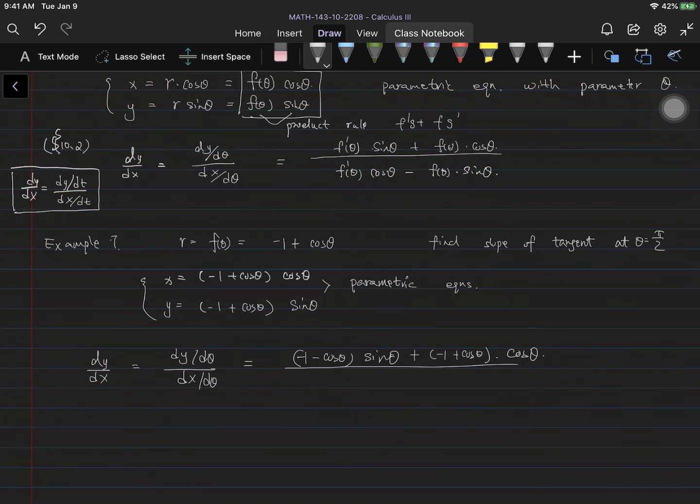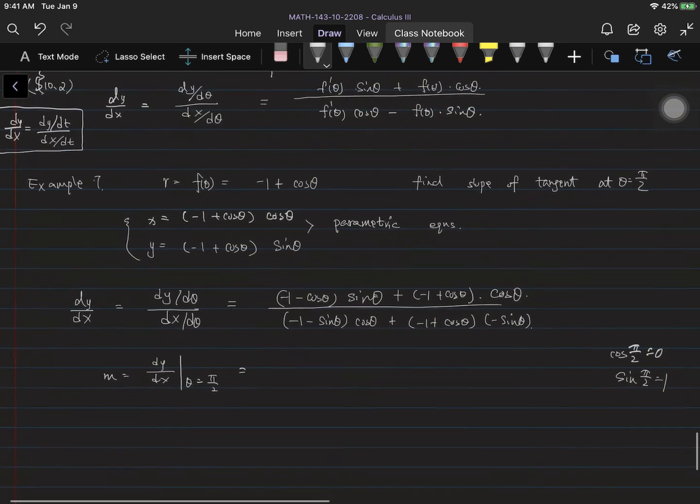Okay, and the next is the derivative of x, f prime g plus f g prime. And for the slope, we need to evaluate the slope at pi over 2. And we know cosine pi over 2 equals 0, right? And the sine pi over 2 is 1.